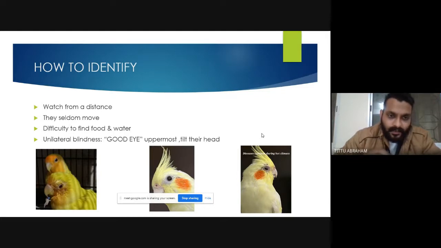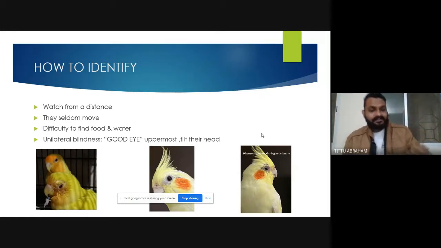You can observe when you give food, especially in the morning, usually the birds wait for the food to be placed. But the birds which are infected in the eye will be startled, and they will be the last ones to eat the food. They slowly walk rather than fly. They don't usually fly if they have any problem with eyesight.